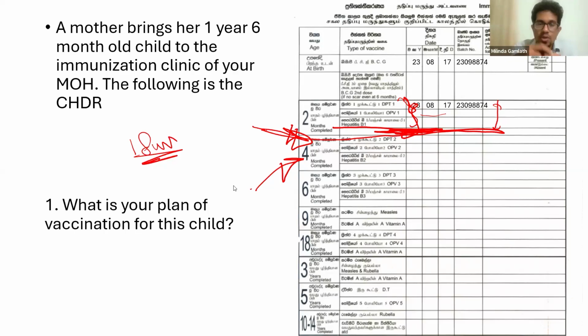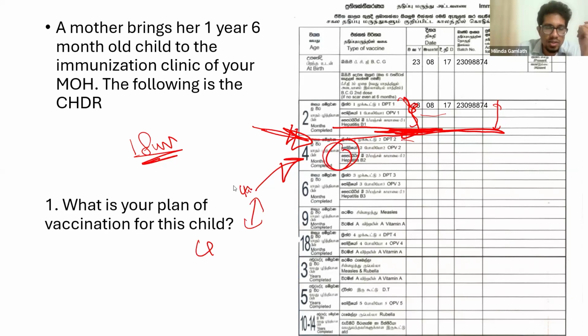So here, because at 4 months you are giving OPV, pentavalent and FIPV, we usually have about 2 weeks to 1 month gap. Pentavalent is fine, but because these are combination vaccines, we usually have a 1 month gap between the vaccines.